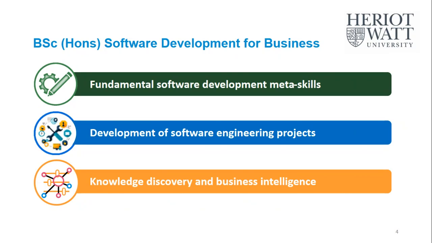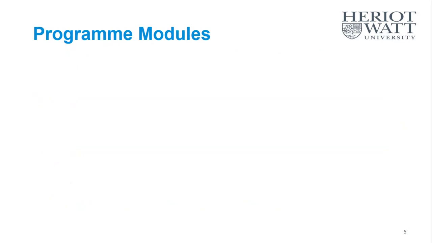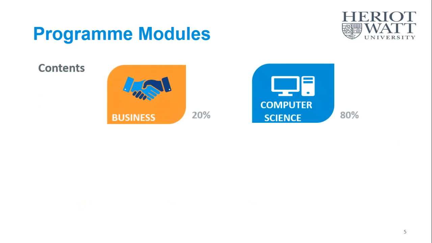So these are the 3 main groups of materials we teach, and we teach them in modules. Most of the content is computer science content; almost 80% of the modules we teach cover computer science.